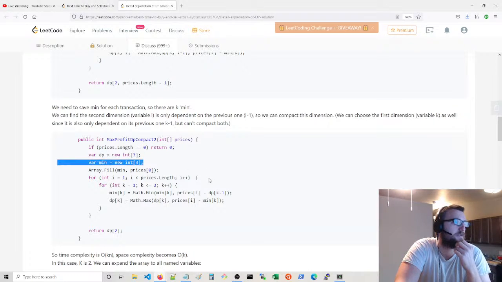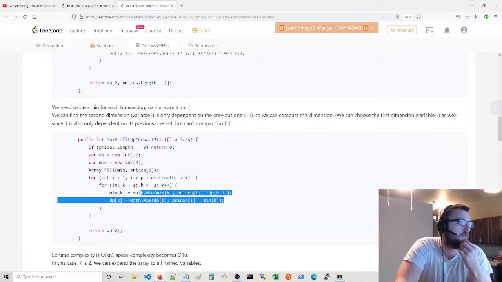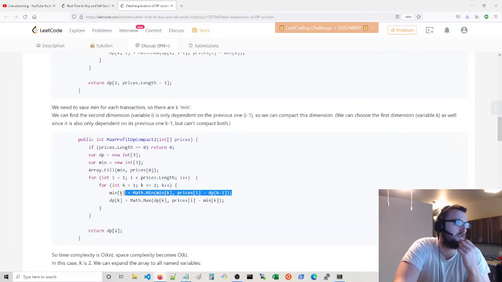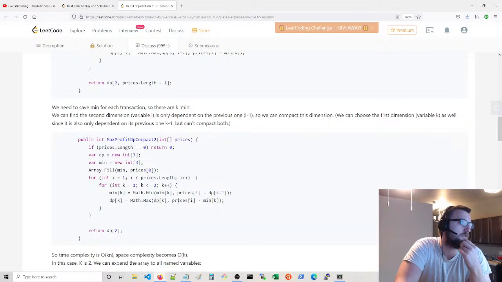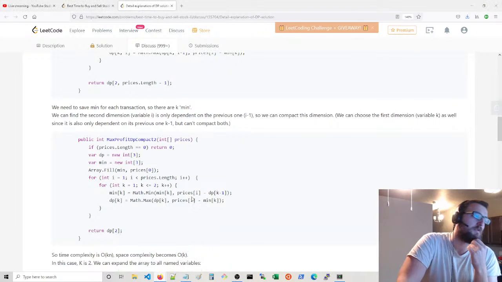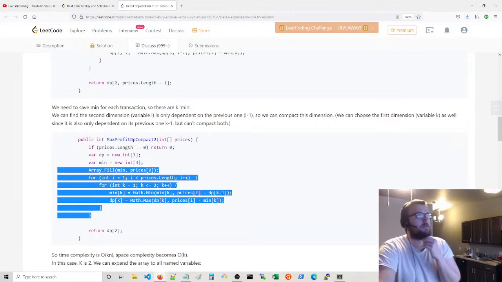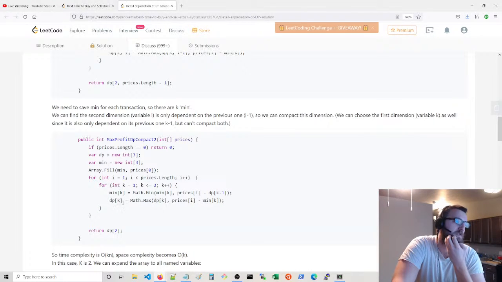So this is just the minimum price you've seen up to that point for when you're considering k is 1. So that minimum is just always the minimum price you've seen up to that point, and therefore dp of 1 is always just going to be that. I mean, that's how you would do the first transaction. That makes sense. So the dp of the first transaction is just the best you've seen up to that point.